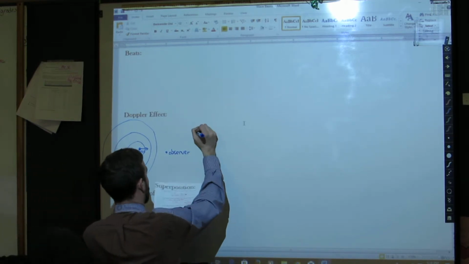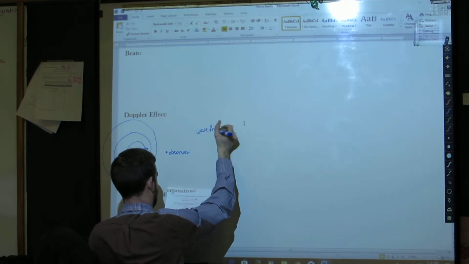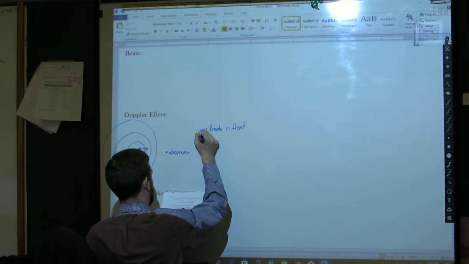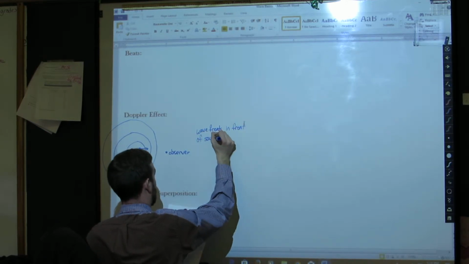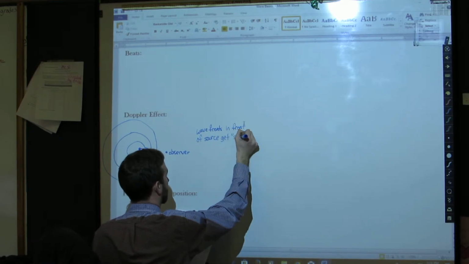So let's write that down. So we've got wavefronts in front of source. And the word I like to use is that they get squished.